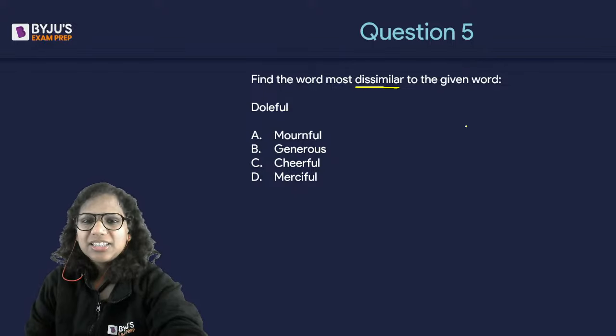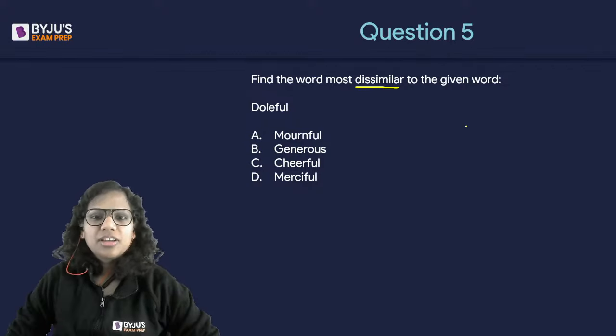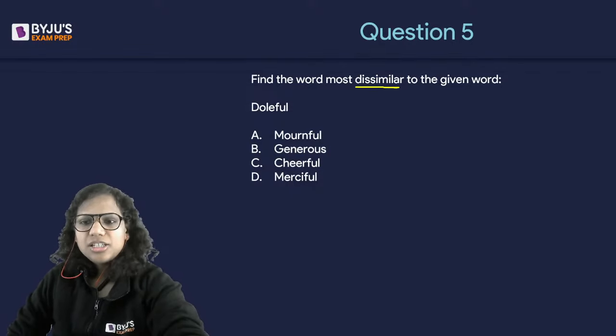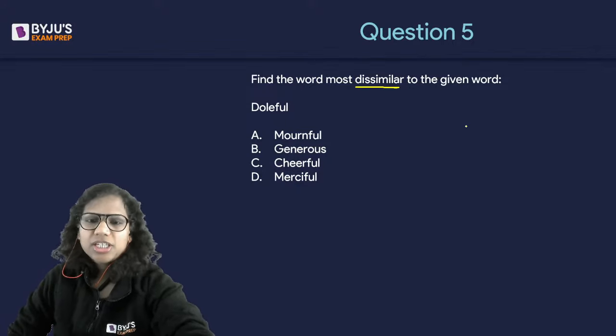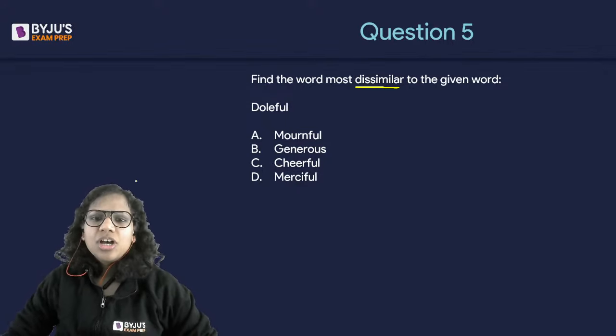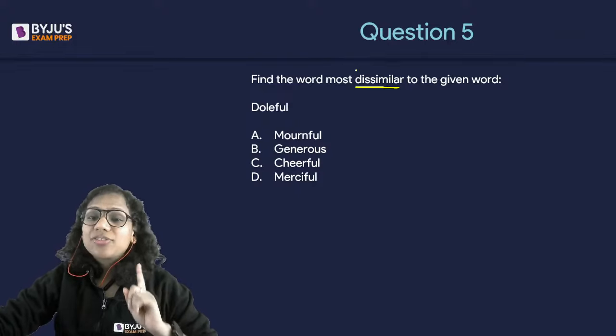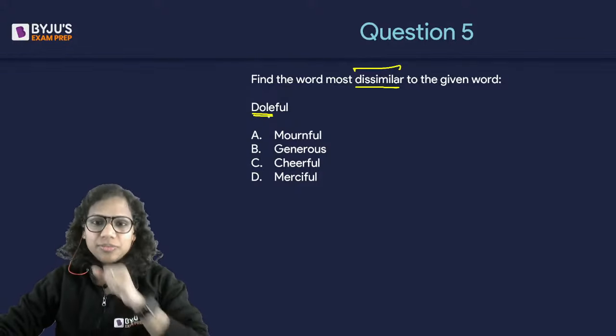Prajwal says C. Others, what do you say? Dissimilar. I need an antonym. Sai also says C. Okay. All right. A also I've got. So you did not have to give me a synonym, you had to give me an antonym.